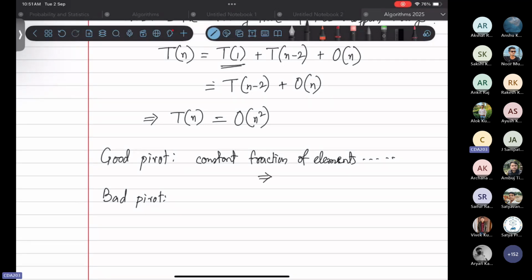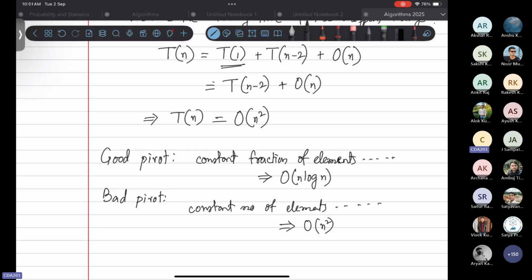What is the implication of this? Then we're having a running time of n log n. Right? And if I have a constant number of elements going in one part and the rest in the other, then its running time is going to be n squared. Right? Okay.